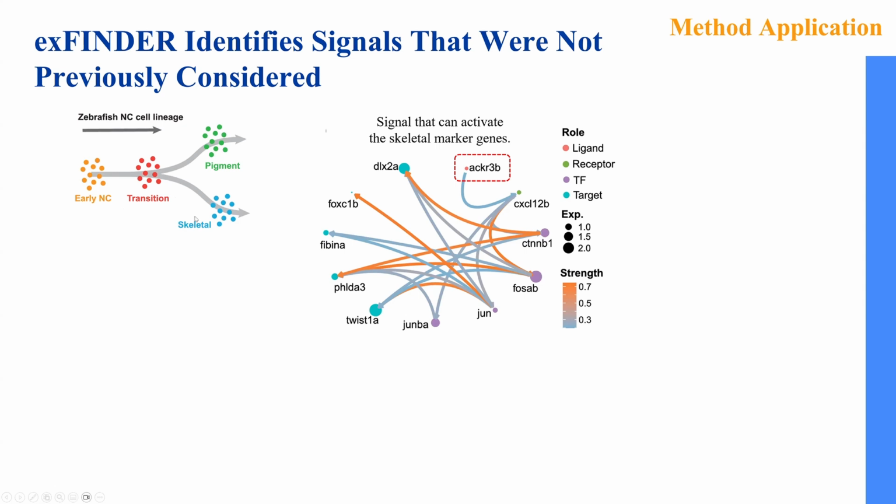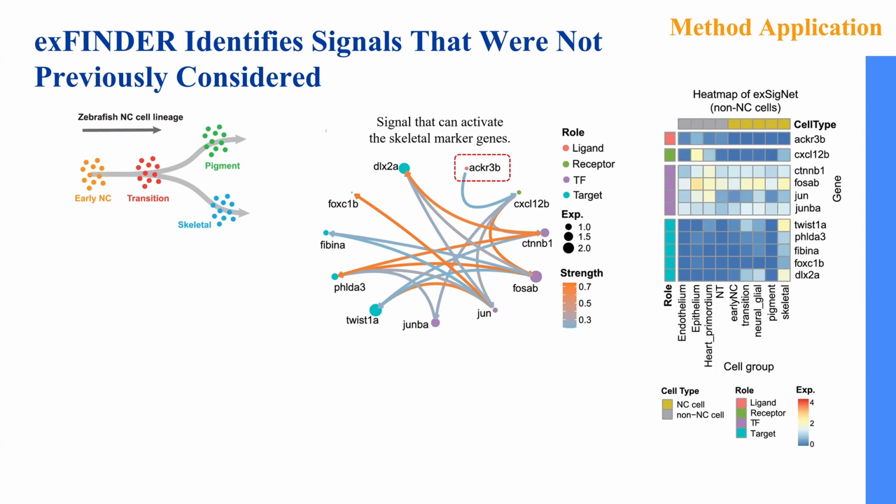So we took the marker genes for the skeletal cells, and then ran the exFINDER analysis, and we found this ligand. This ligand might be the external signal. By checking the data, we found that this ligand has almost zero expression in the neural cluster cells. But in the non-neural cluster cells, at least in epithelial cells, they have a relatively high expression level.